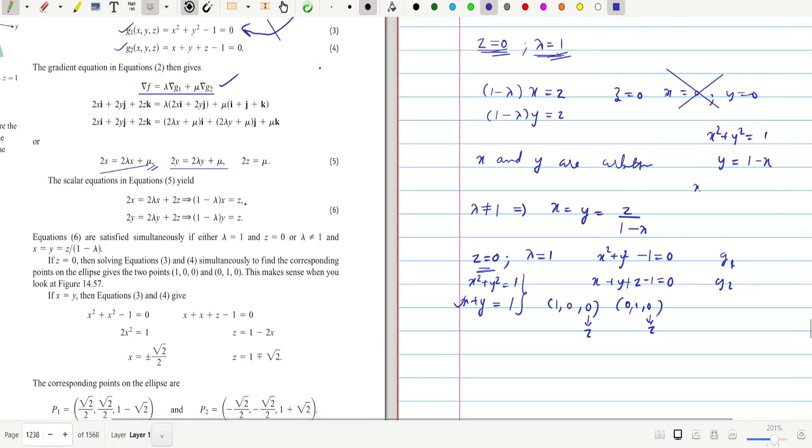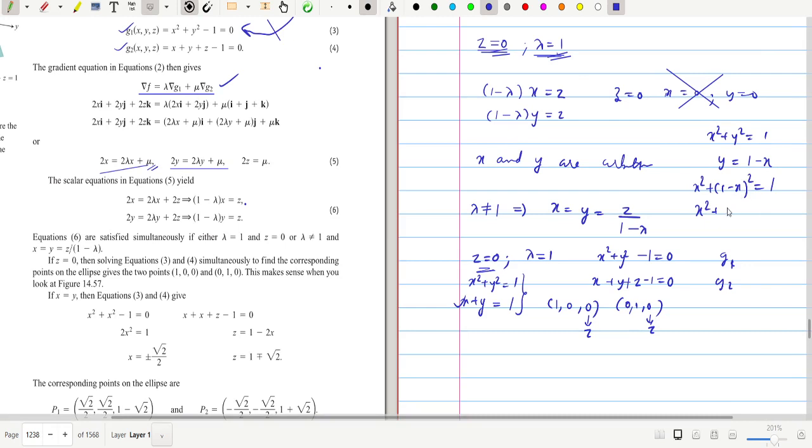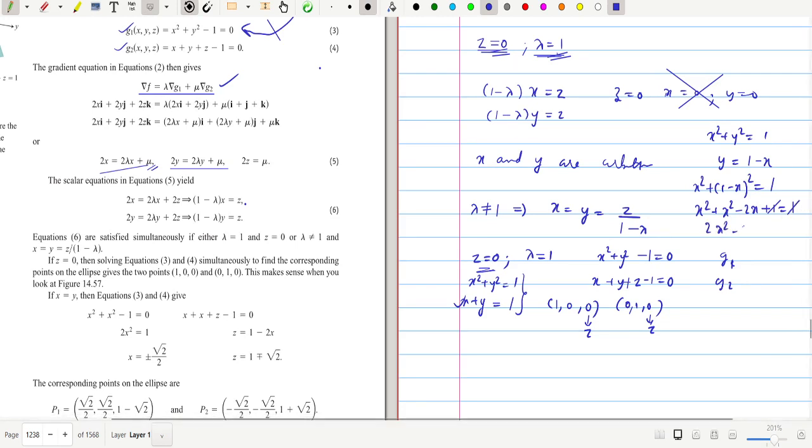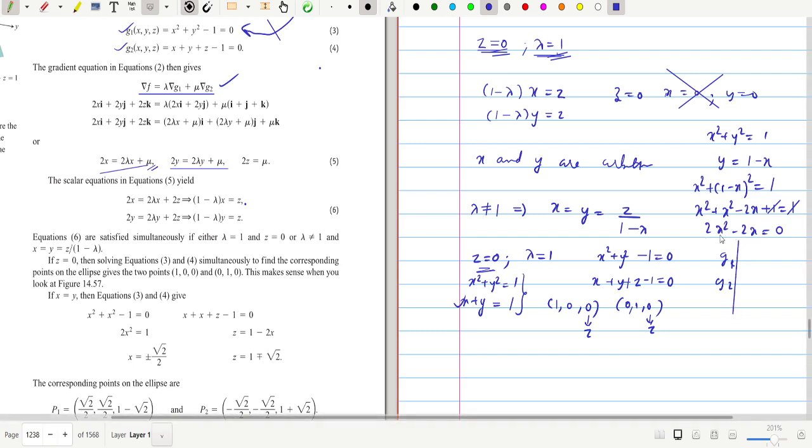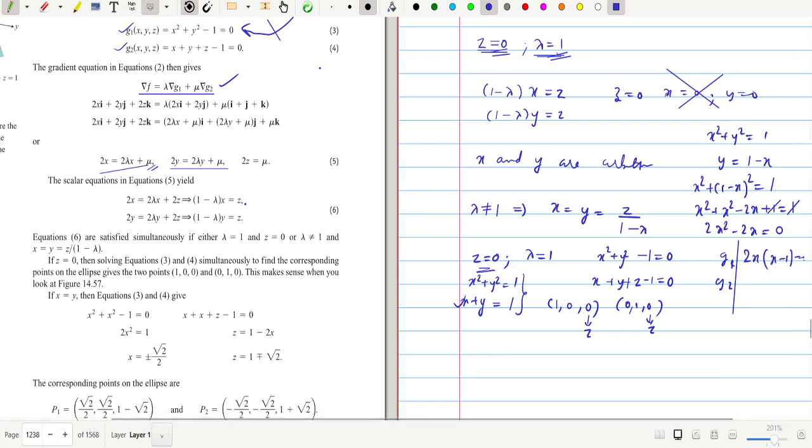Then x square plus 1 minus x whole square is equal to 1. By expanding this, you get x square minus 2x plus 1 equal to 1. Then you can cancel the 1, and the remaining will be 2x square minus 2x equal to 0. By factoring out 2x, you get 2x into x minus 1 equal to 0. Then x equals 0 and x equals 1. These are the 2 points.